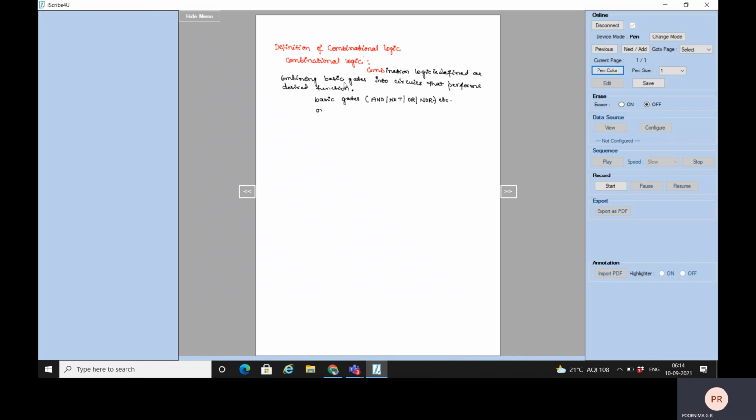The other way of defining this combinational logic can also be as the logic circuits that contain no memory element, or logic circuit that does not contain memory.